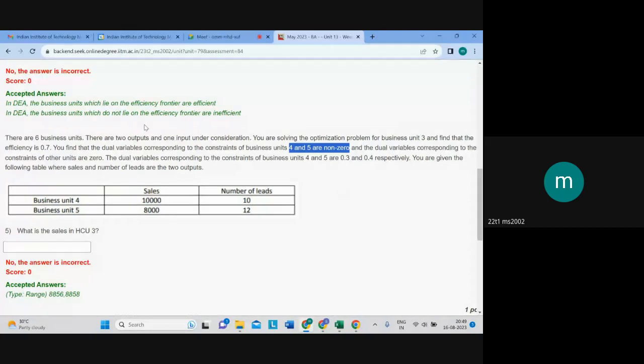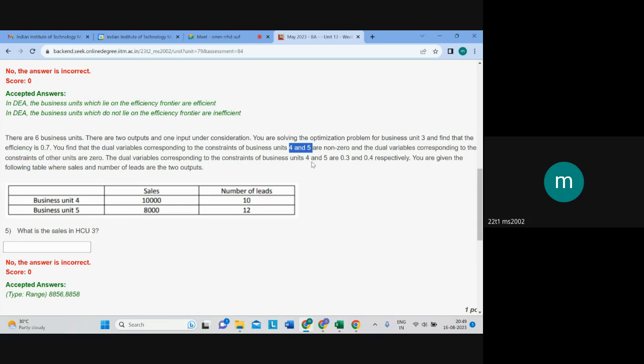So here, if you say the dual variables corresponding to business units 4 and 5 are non-zero, it means the shadow prices of 4 and 5 are non-zero, which also means for business unit 3, your reference DMUs are nothing but 4 and 5. If you remember the lecture video, if you want to make an inefficient DMU efficient, you have to move towards a particular line.